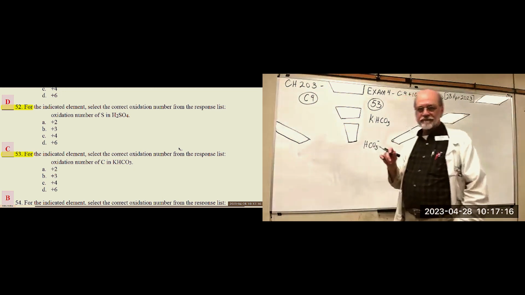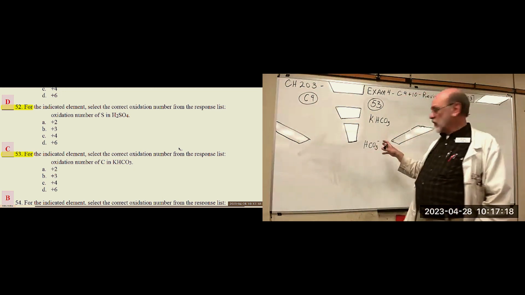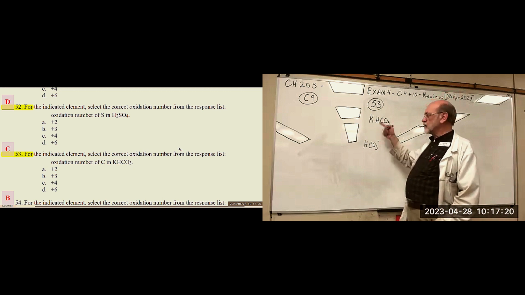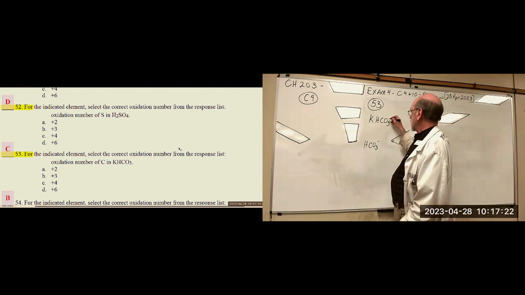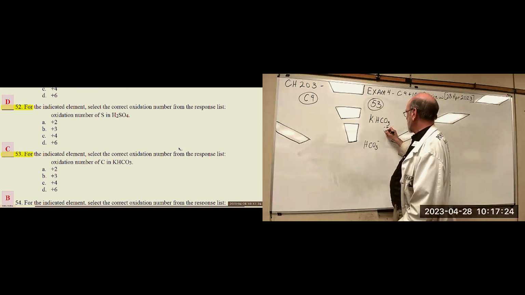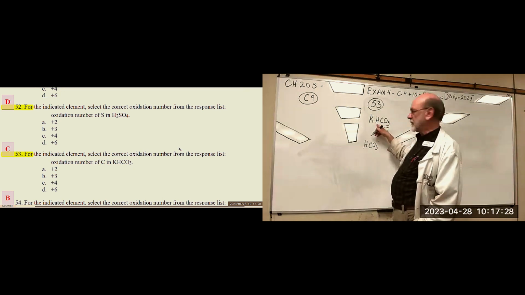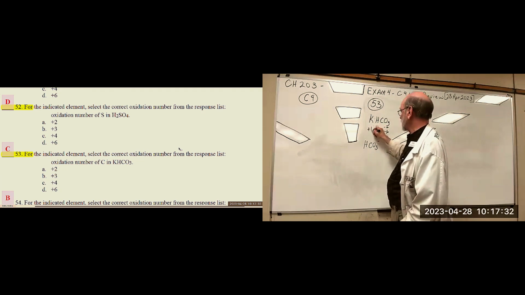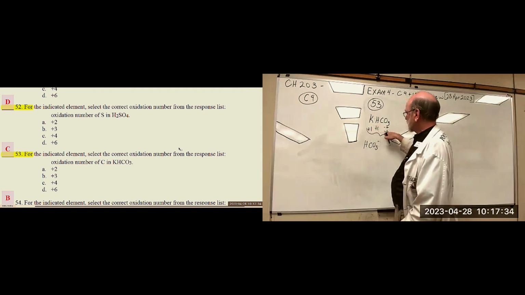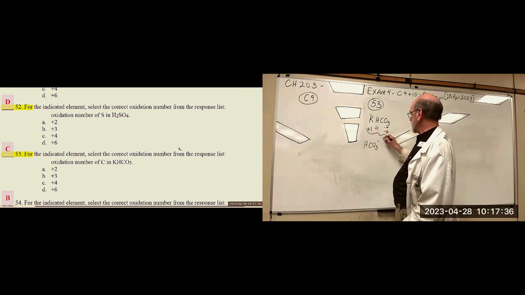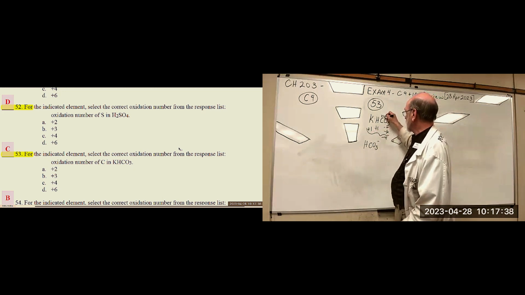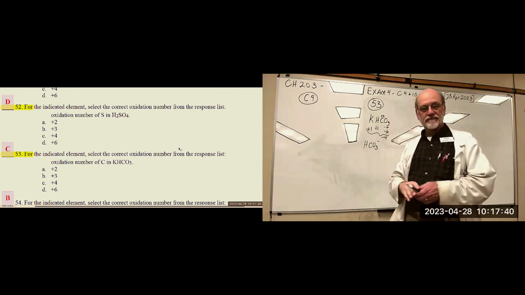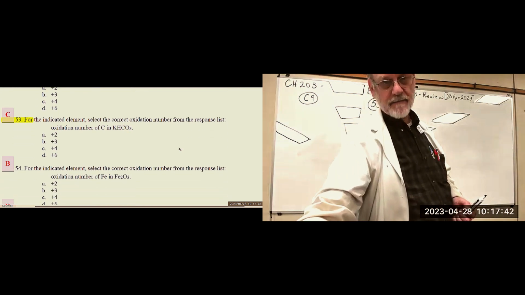So we can calculate for either one. We'll do it for this one. So we have -2 here times that, 6. And we're looking for carbon. So hydrogen is +1 and potassium is a +1. So -6 and 2 pluses is a -4. This is a +4 for carbon. C is the answer.